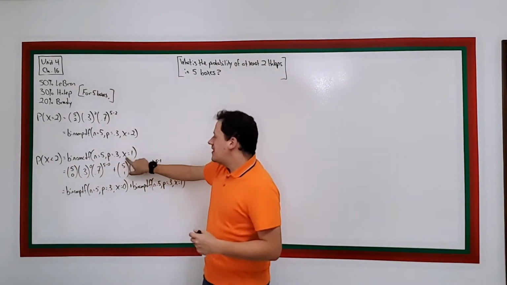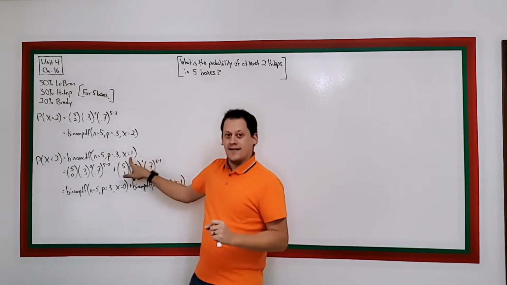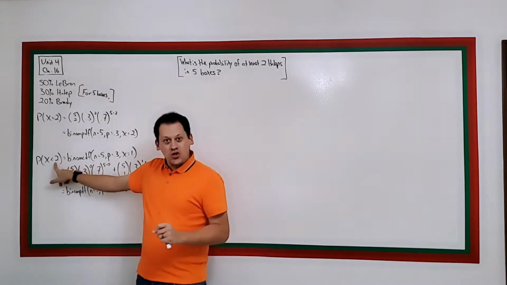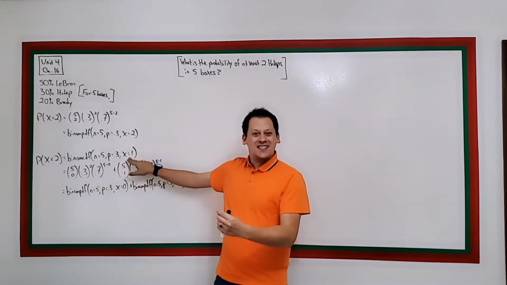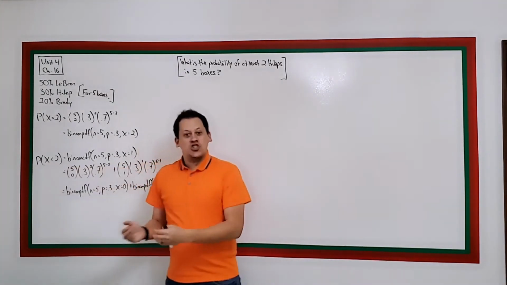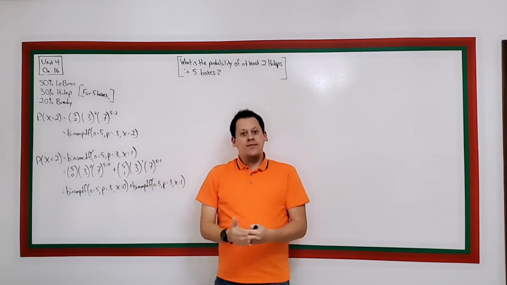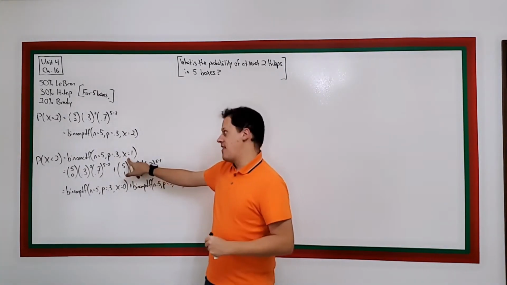And the only thing that was a little weird there was the fact that x is equal to 1, even though this number is 2, because for binomcdf, you need to put the highest number that's not included. So if we want all numbers less than 2, that's 0 and 1. The biggest number is 1, so that's why we put the x equals 1 there.